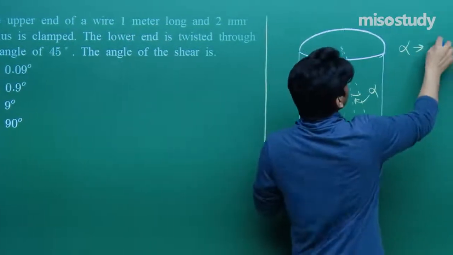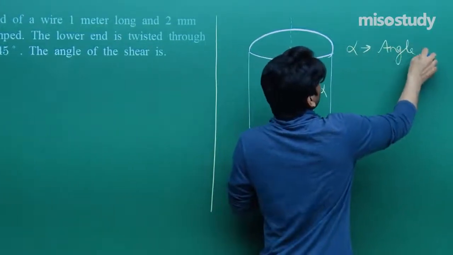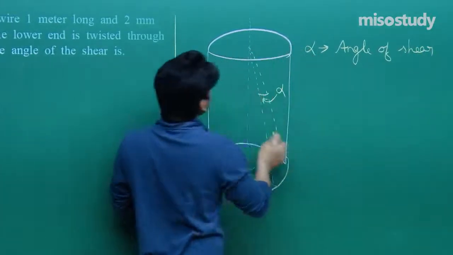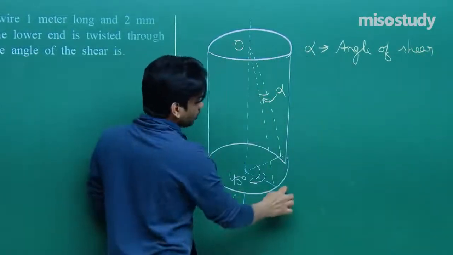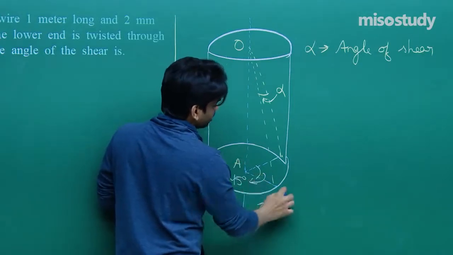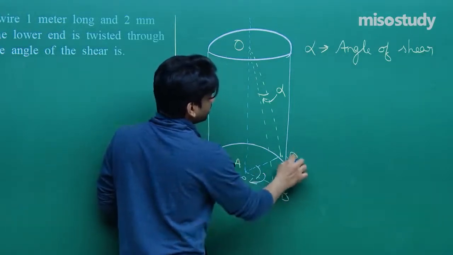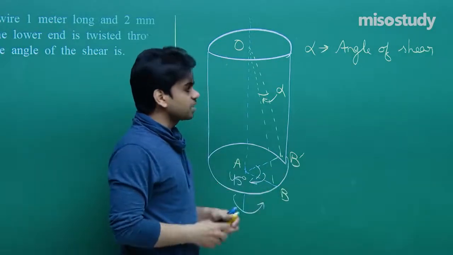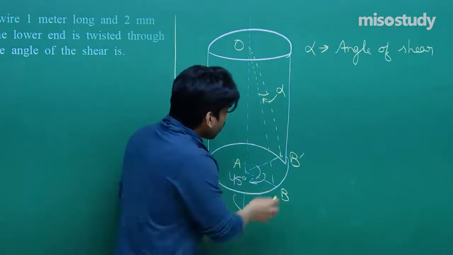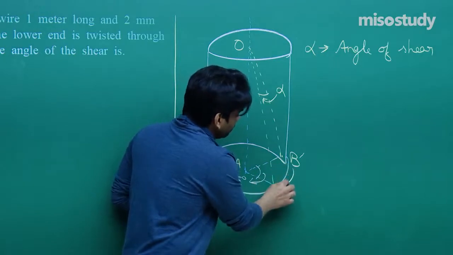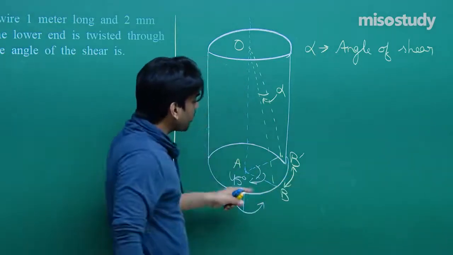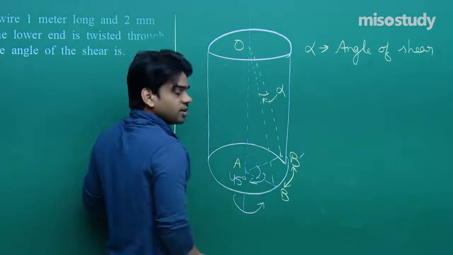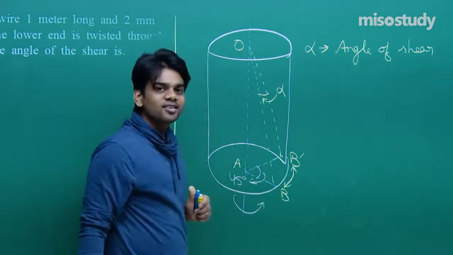The angle of shear is what we need to evaluate. Let's say this point is O, this is A, this is B, this is B dash. If I talk about this length BB dash, can you identify that BB dash can be written as radius into this angle?